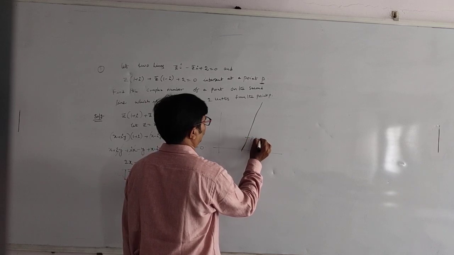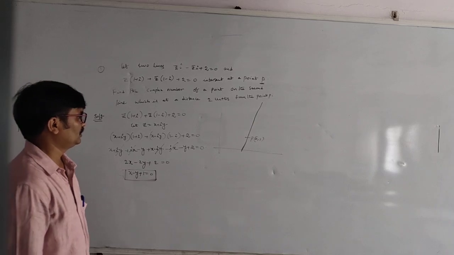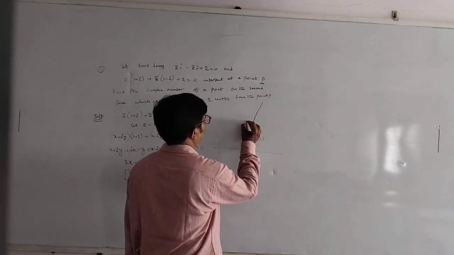We got (0, 1). Point P is (0, 1), at a distance of 2 units.